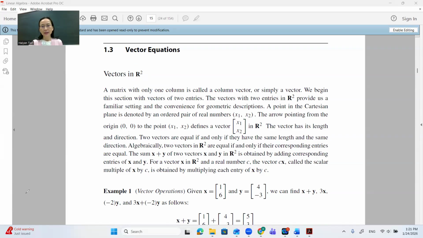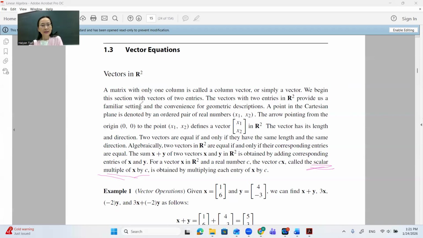How do we multiply a vector by a constant? That's called a scalar multiple. You see the terminology. So in this, each name is defined precisely. So we must know what we mean by this term. The scalar multiple of a vector x by c. c is the scalar, this number.